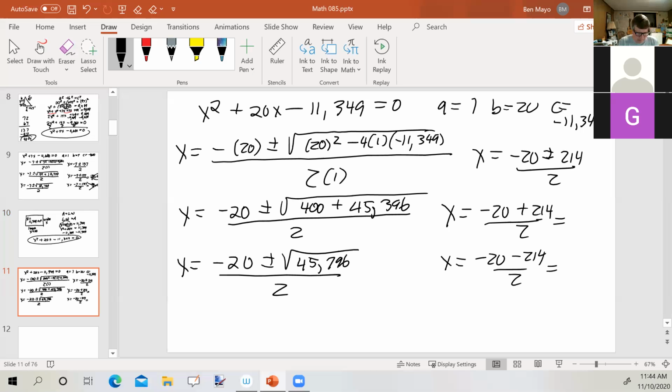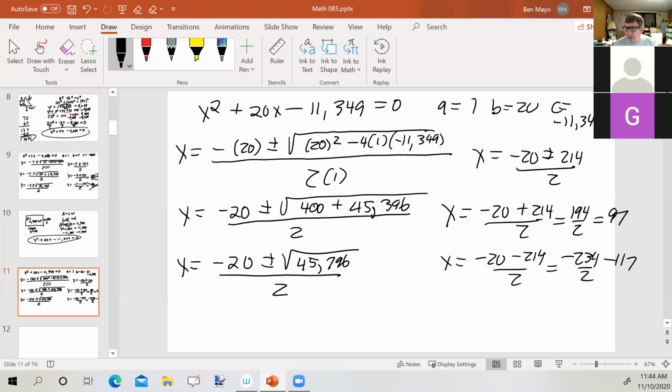Well, let's see. If we take negative 20 plus 214, we get 194 divided by 2 is 97. If we take negative 20 minus 214, we get negative 234 divided by 2 is negative 117.